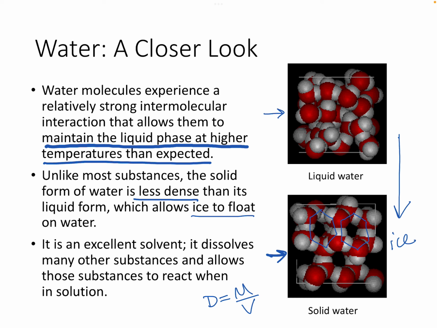So if there's less mass per volume, the density is lower. In fact, the density of liquid water is about 1 gram per centimeter cubed, and for ice, it's about 0.9 grams per centimeter cubed. And that's why ice floats, because it has a lower density.